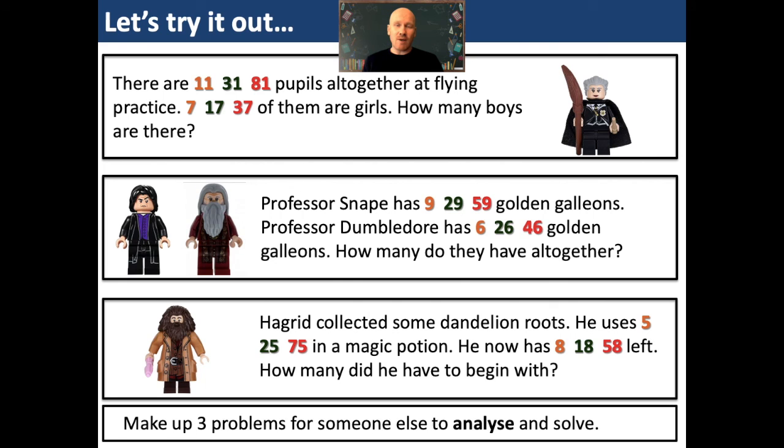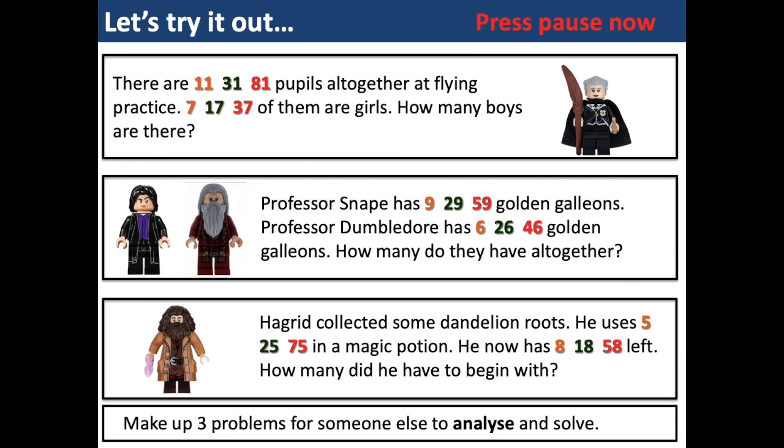So each time I want you to draw the bar, just like we did before, describe the whole amount, describe the parts, put in the value you know, and then decide on a strategy. Once you've done that, once you've analysed each problem and you've solved them, you can make up 3 problems for someone else to analyse and solve at your group.